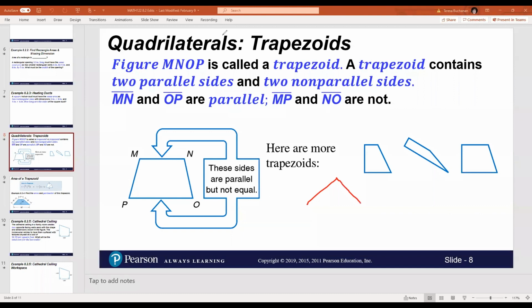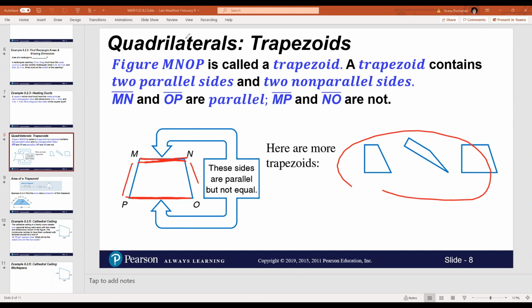You can just have things that are very irregular. But a trapezoid is a specific kind of quadrilateral in that it has 2 parallel sides and 2 sides that are not parallel. So these are all trapezoids.